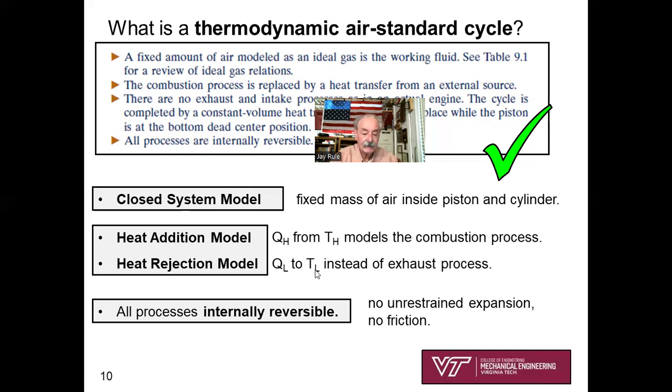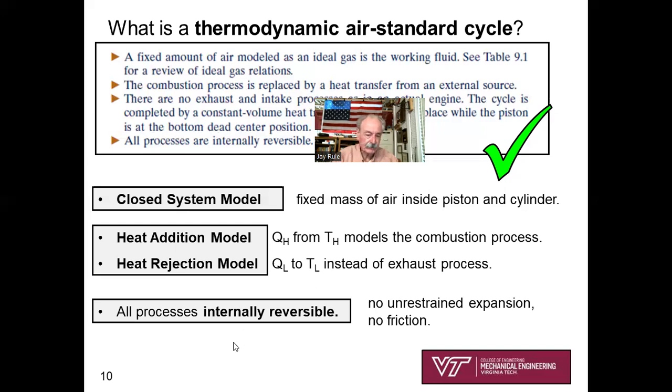Finally, instead of an exhaust process, we're going to model the exhaust as a heat rejection process, where we're rejecting QL, let's say in kilojoules, down to the surroundings temperature at TL.